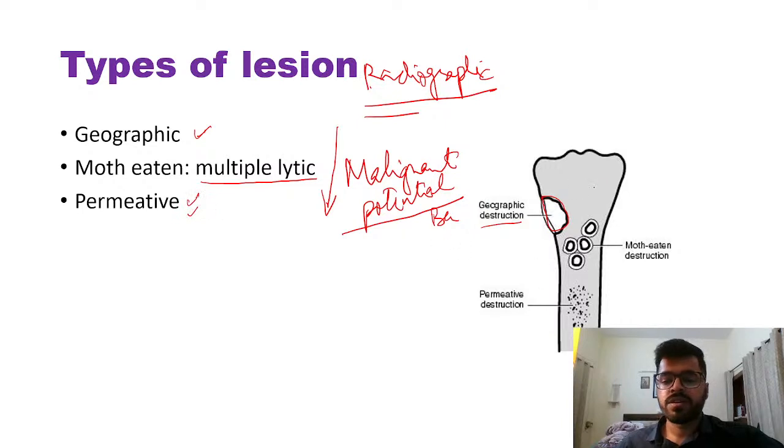So moth-eaten appearance is like some punch hole type, something have been eaten out. Multiple lytic lesions are there. Permeative lesion is like this, very ill defined and with wide zone of activity, just like we can see here.